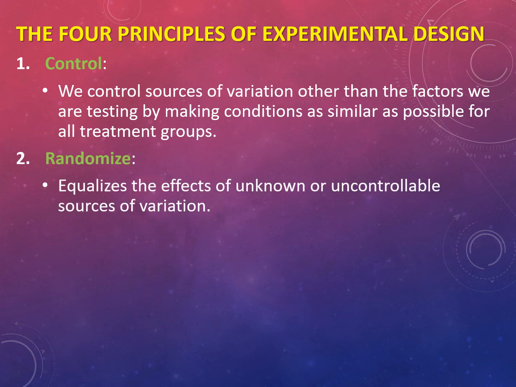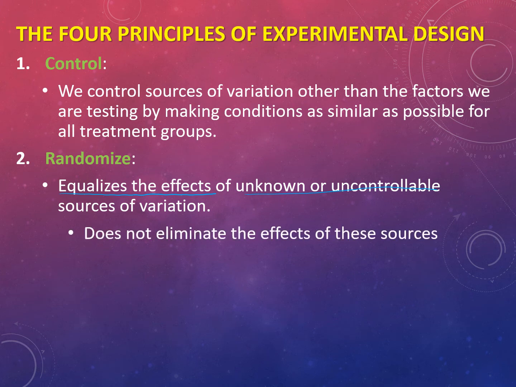So control is first. Second is randomize. And you'll notice we started off this unit with randomization because it is such a key, crucial aspect of everything that we do in gathering data. The whole purpose of randomization is that it should equalize the effects of things that we don't know or can't control.